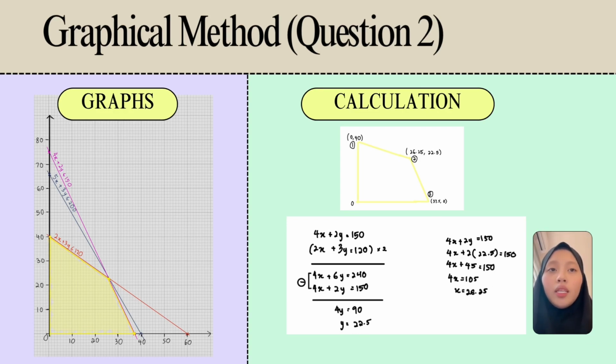So the first corner point, 0, 40, has the equation 2x plus 3y equal to 120, while the third corner point 37.5 and 0 has the equation 4x plus 2y equal to 150. We multiply 2x plus 3y by 2, and we can calculate until we get x as 26.25 and y as 22.5. So both of the points are the correct answer for the intersection point in the feasible region.